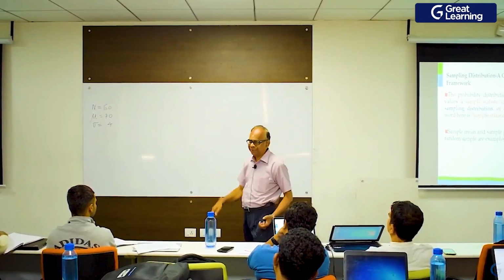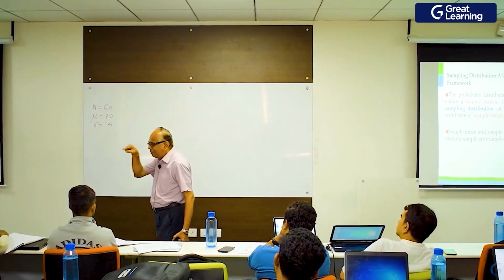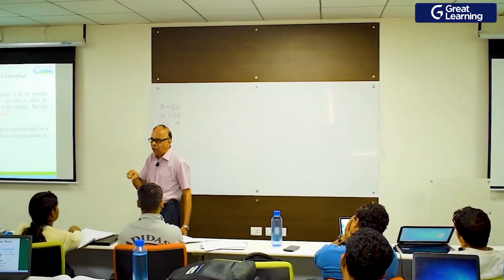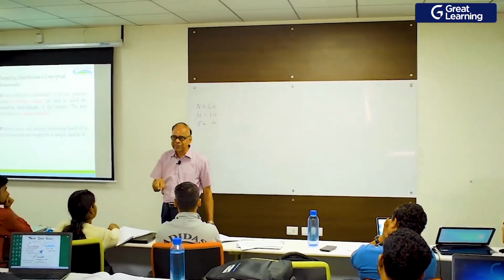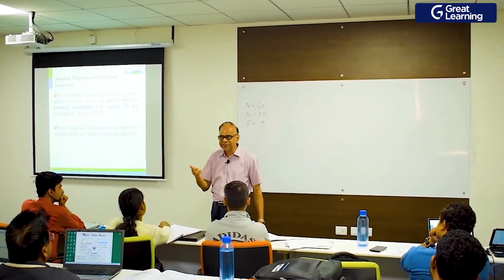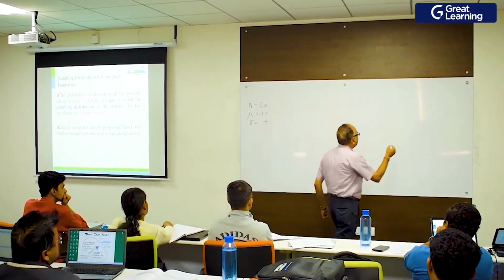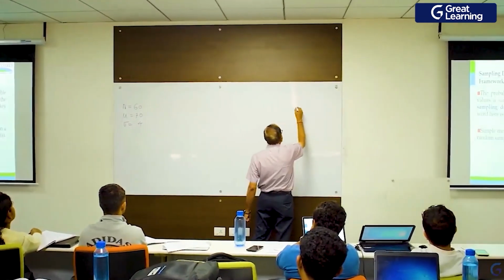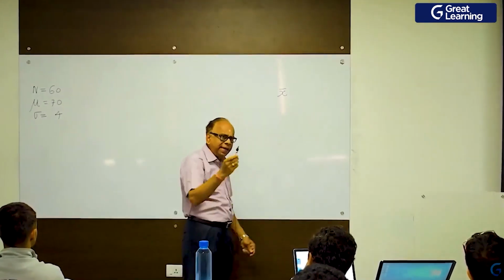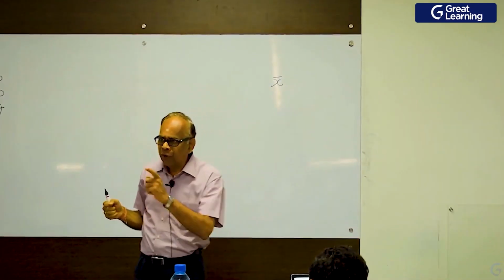60C4 ways. And for every sample of 4 which I select out of the 60C4 ways, I can compute the mean. So I can compute my X bar for every sample of 4 observations.